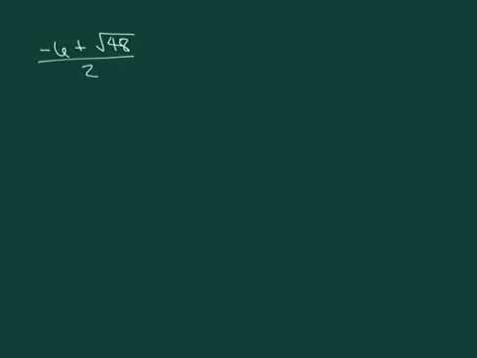Okay. And again, we're going to look at our numerator and factor something out. But before that, we're going to find the square root of 48. That's always the first thing we're going to do. Square root of 48. What is that? It just seems like I just did that. Oh, that was 16 times 3. Square root of 16 is 4.